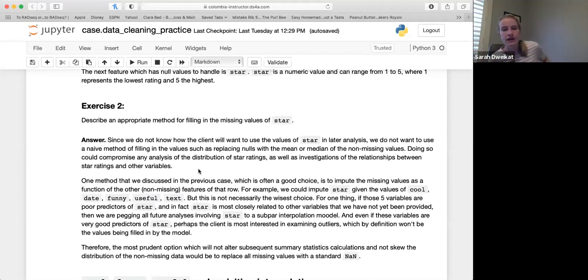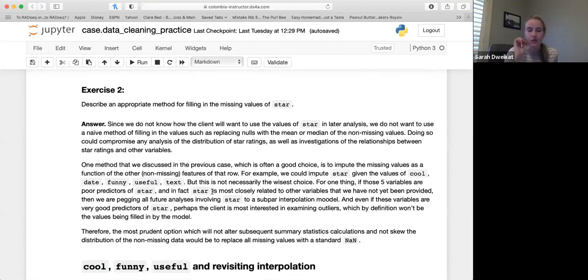So it might skew our data to actually fill those in. And we don't necessarily know what the client wants to do for later analyses with star. So for now, we would fill in star just by putting in NaN values. If there's no data there, we replace the missing values with a standard NaN.